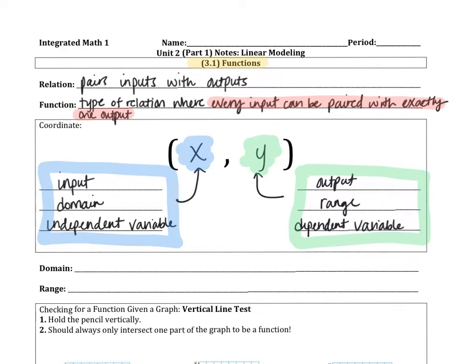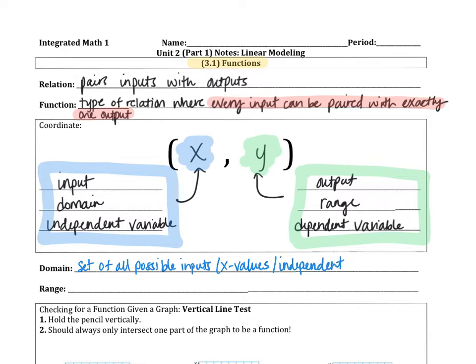All right, let's get a little bit more vocab under our belt before we get going. A domain is the set of all possible inputs. And remember, an input is an x value, or independent variable.